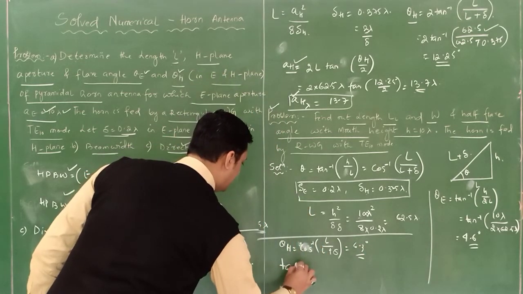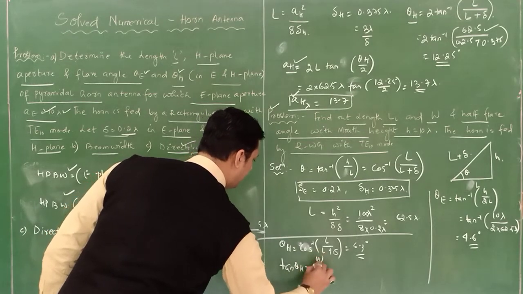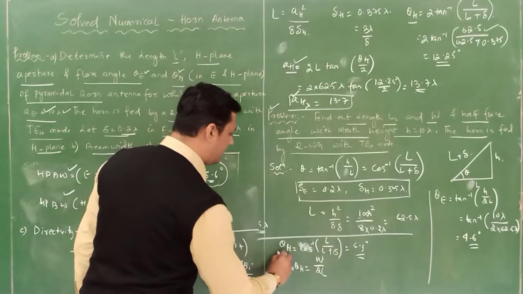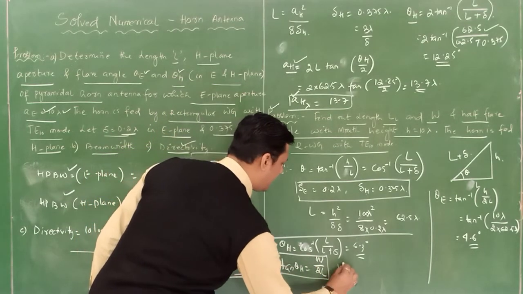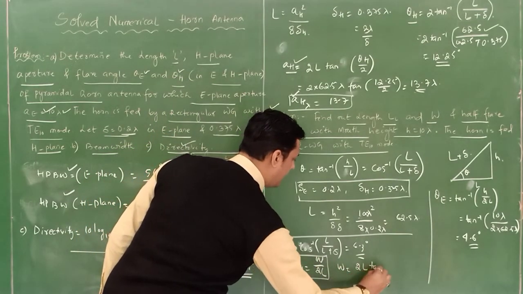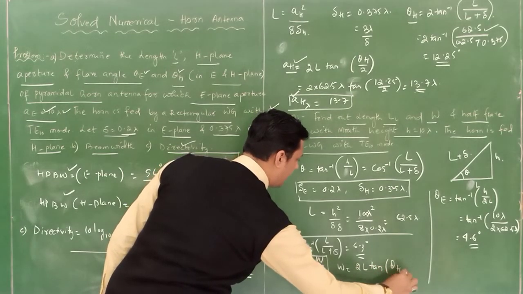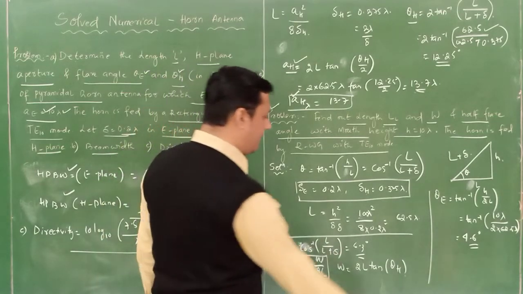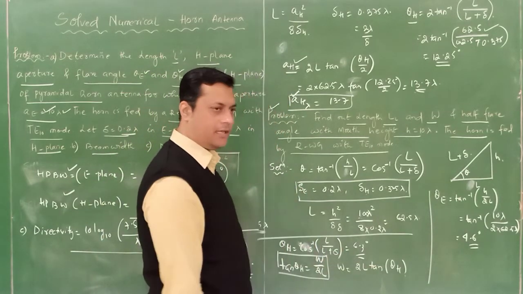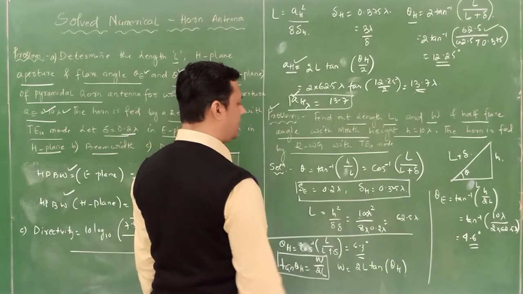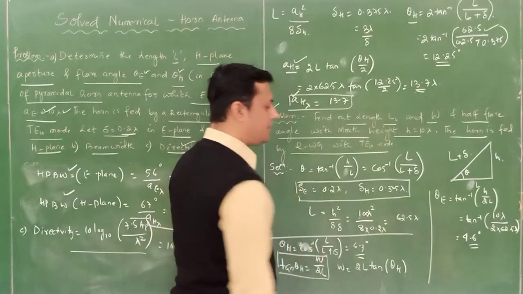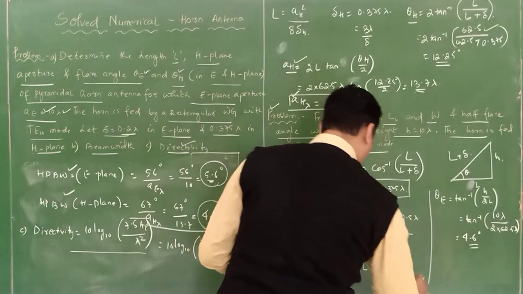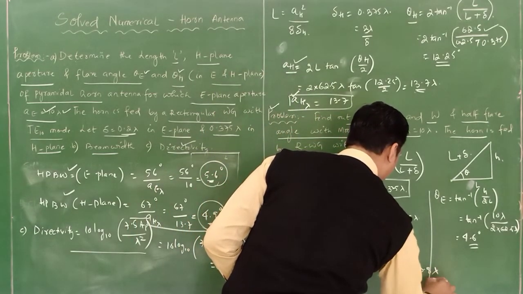And with the help of this, tan theta H equal to W by 2L is the relation through which we can determine the width of the horn antenna. So here W is equal to 2L tan theta H. Here theta H is 6.3 degrees, so determine tan of 6.3 degrees and 2 into L, where L we have determined as about 62.5 lambda, and we will get the width around 13.8 lambda.